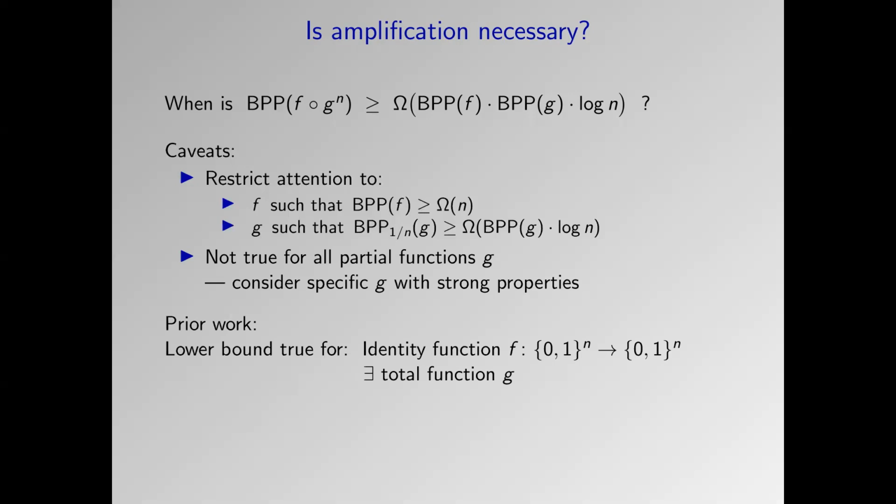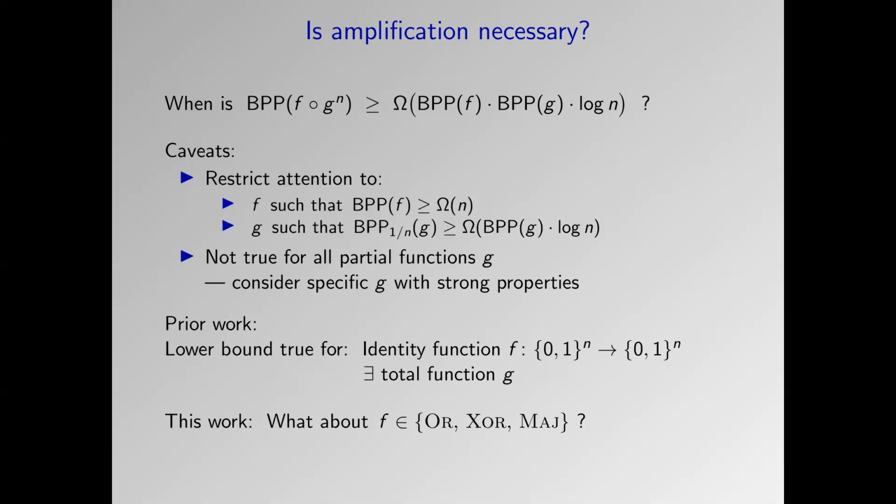Prior work by Blaise and Brody showed that this lower bound is indeed true when f is the identity function, which just outputs all n of its input bits, and for some total function g that they designed. In this work, we focus on outer functions that just output a single bit.